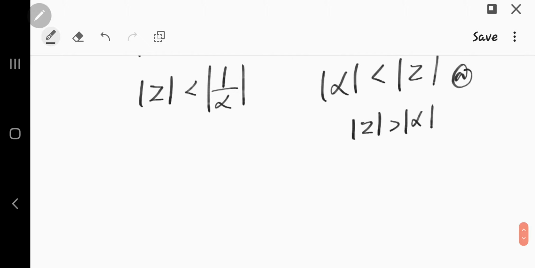Based on this, we can write z is greater than alpha but less than 1 by alpha.